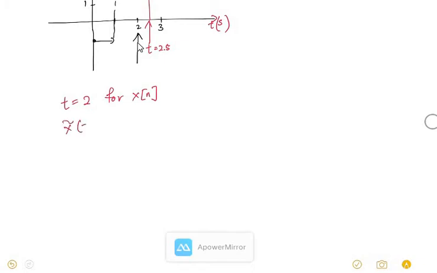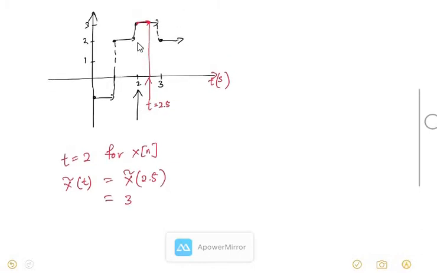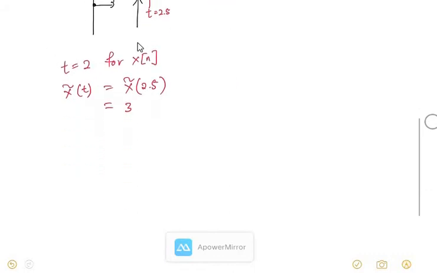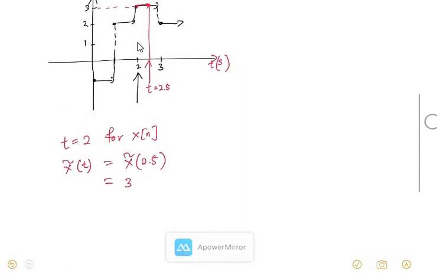So the reconstructed signal at 2.5 gives you the value of 3. This means the signal value at t equal to 2.5 seconds is simply the value at t equal to 2.